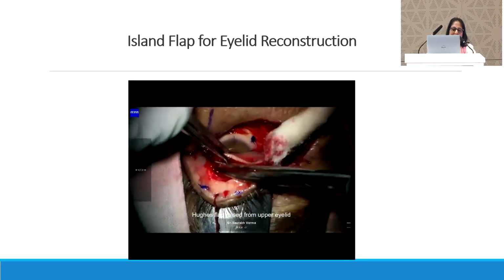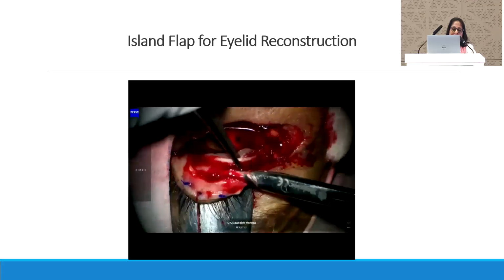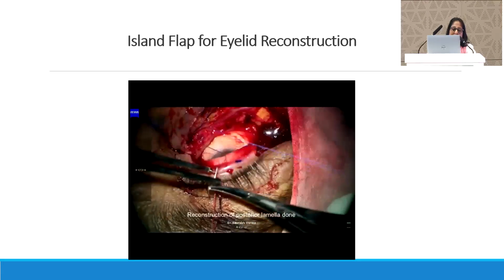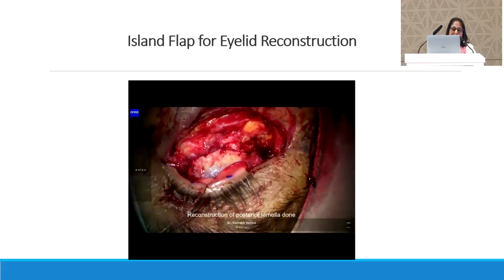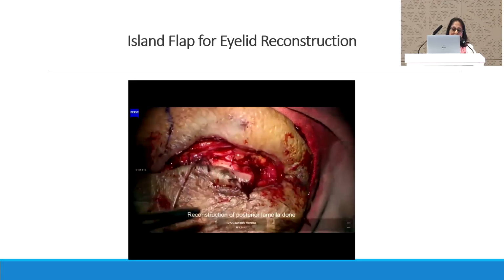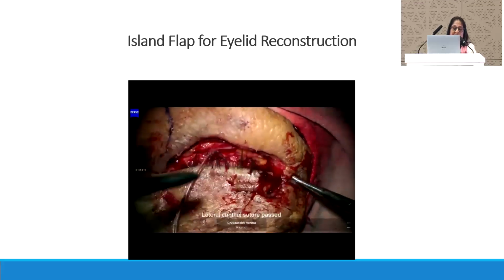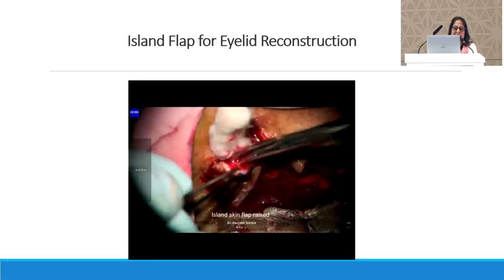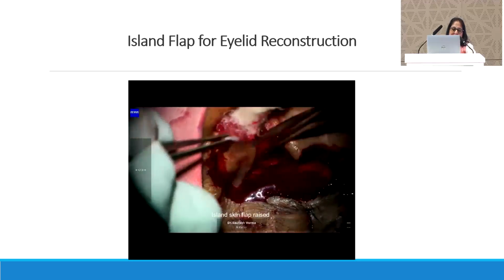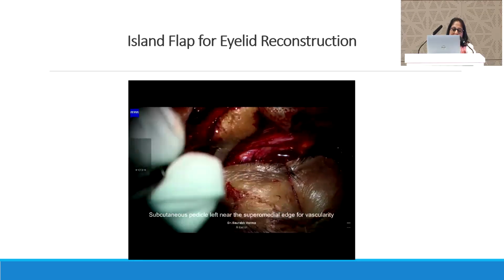To keep the surgery short, in this I decided to do a two-stage procedure. Though with the eyelid flap, you can just do a single stage and use a graft for the posterior lamellar reconstruction. But this patient had multiple systemic issues, and I had to finish the surgery quickly.